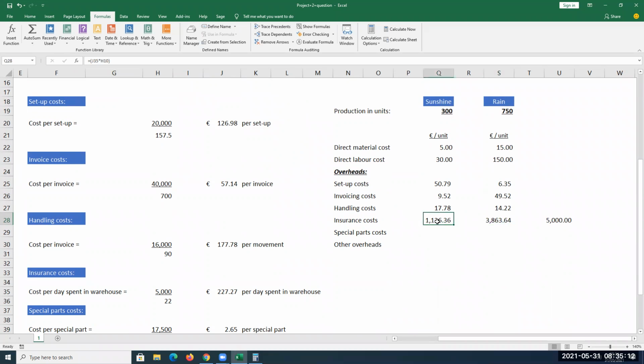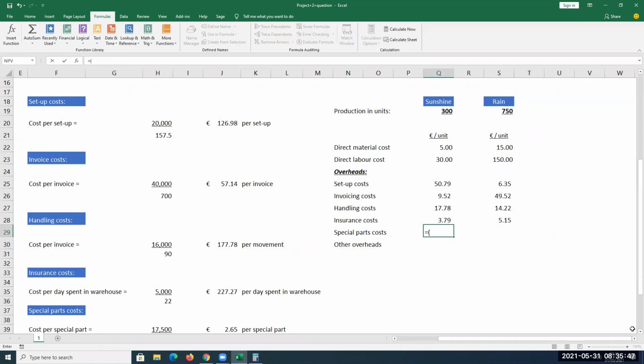So I need to divide this figure by how many units we are producing, 300. And this is the total cost relating to rain divided by 750. So this is the per unit. 5.15.